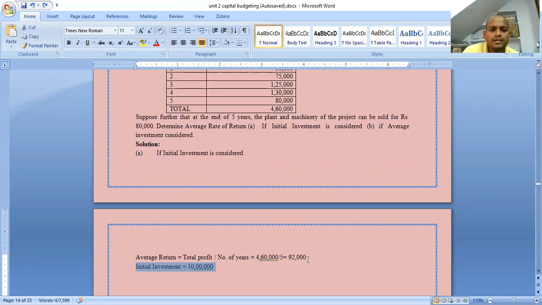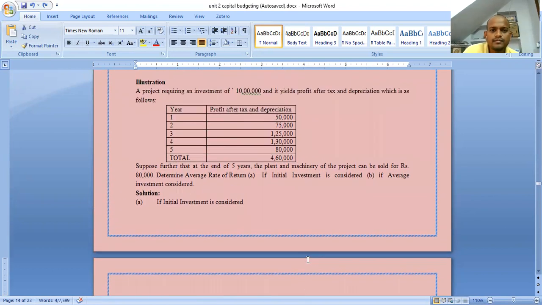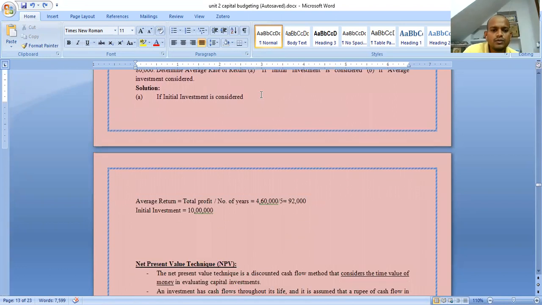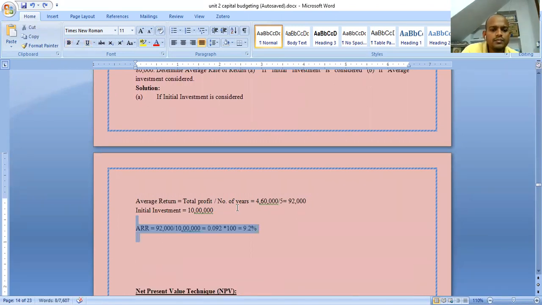And initial investment is 10 lakhs. So average return by initial investment is 9.2 percentage. Accounting rate of return is 9.2 percentage in the first case.